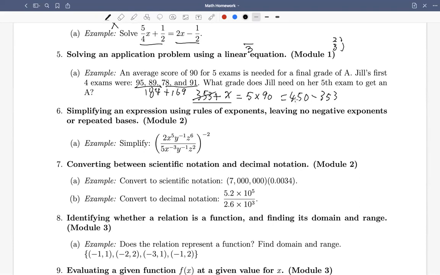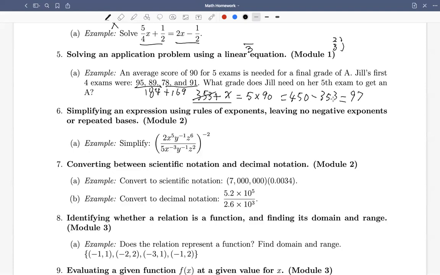So she needs 97, right? 450 minus 353, that's 97. Think about 400 minus 300, that's 100. So we have 150 minus 53, that's 97. So she needs her 5th grade to be 97 to make an average of 90.